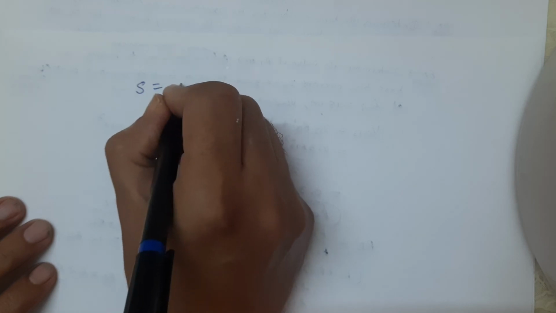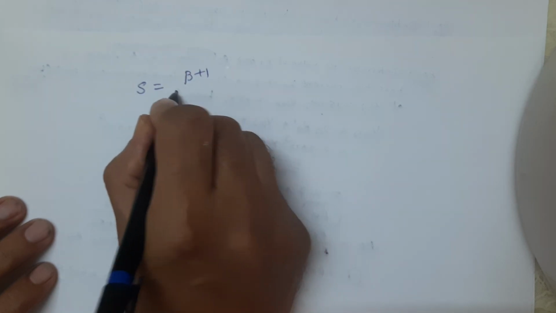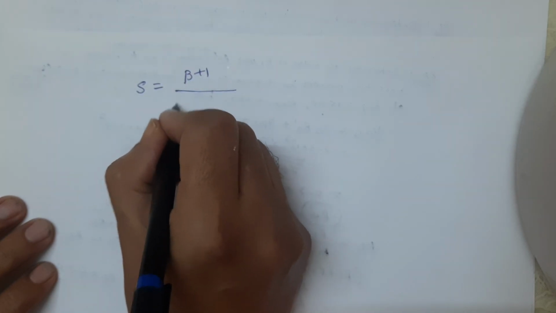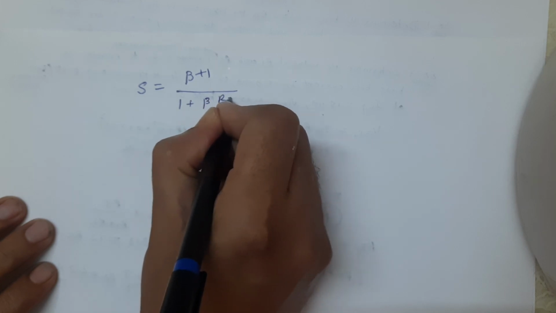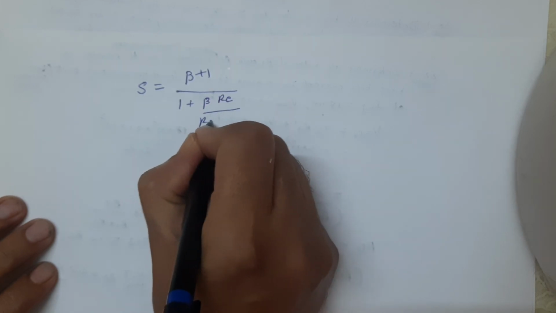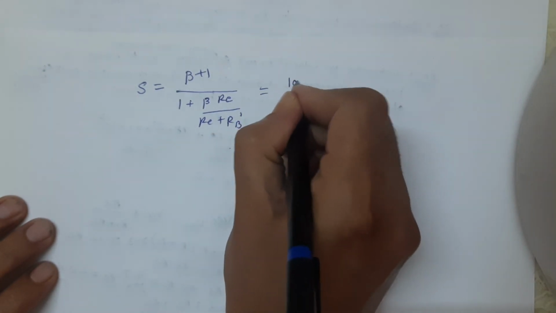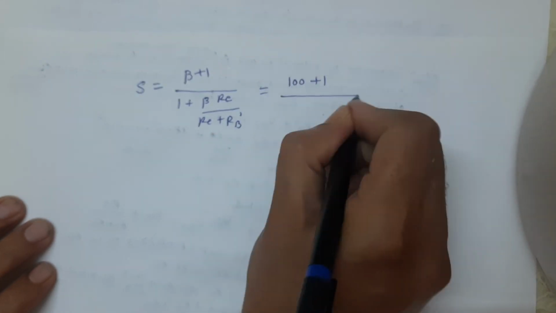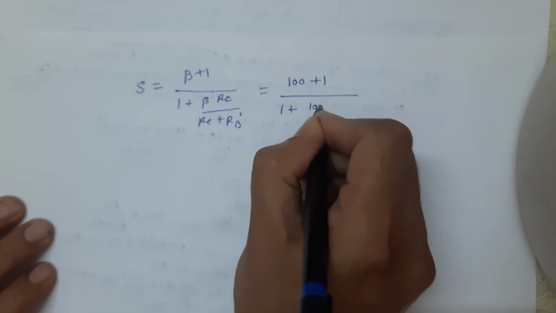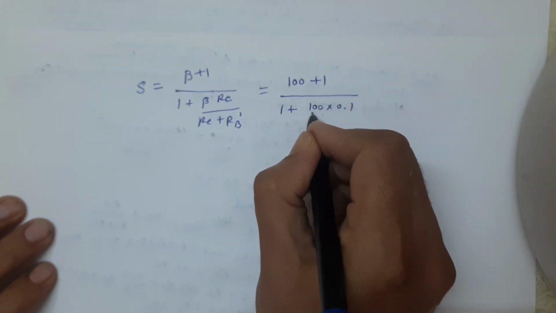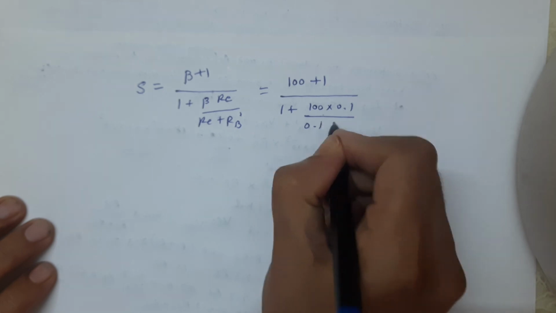The last, the actual value of S, the stability factor, is equal to (beta plus 1) upon (1 plus beta RE upon (RE plus RB dash)). It is equal to (100 plus 1) upon (1 plus 100 into 0.1 divided by (0.1 plus 1)).